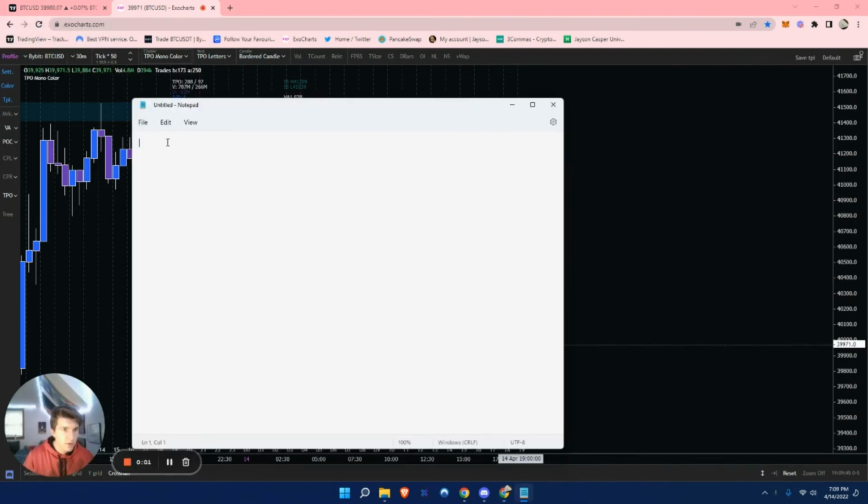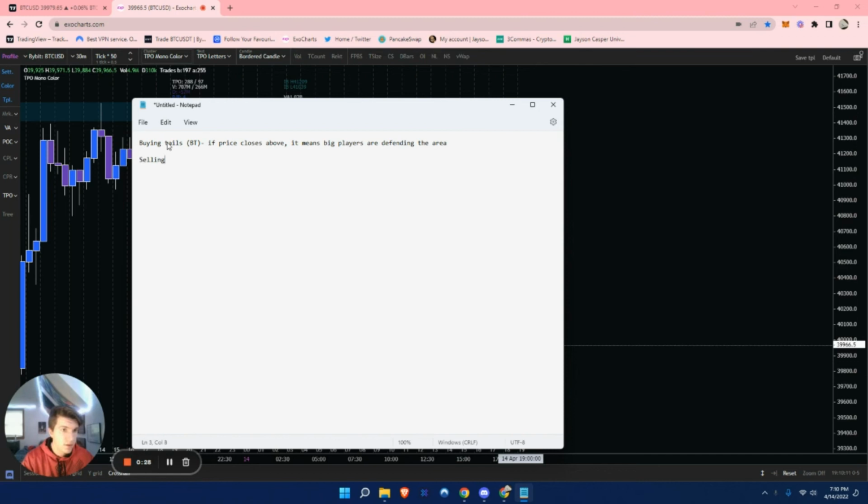And so I'll just type up some notes real quick and go over everything that we just went over. So buying tails: if price closes above, it means big players are defending the area.